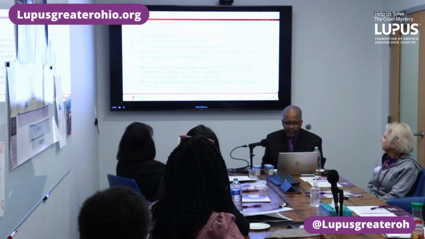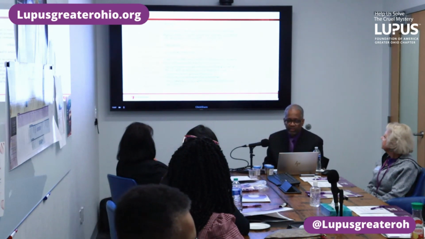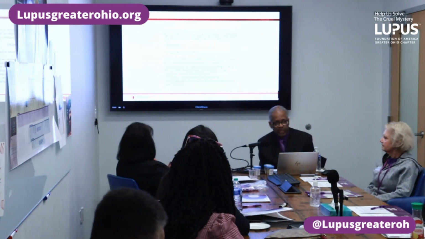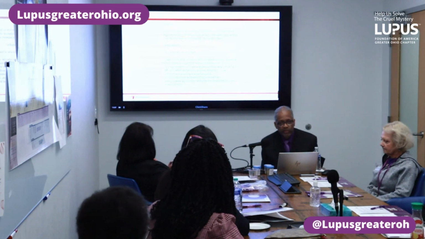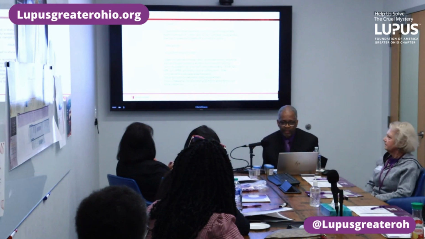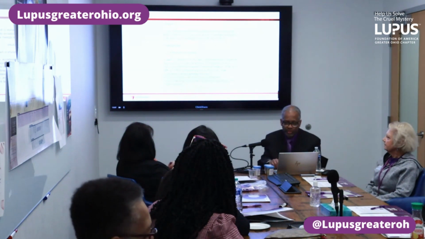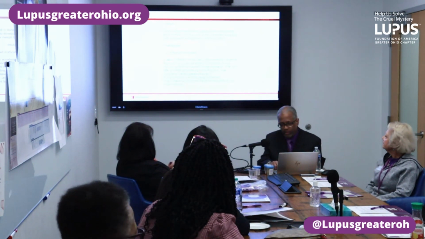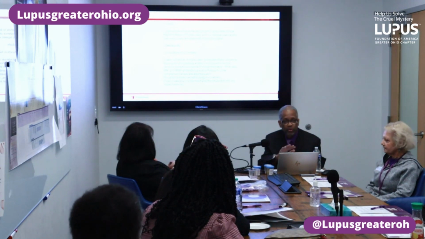This is a slide I want to get more to. This one is lupus in children, because we see some patients that develop lupus before the age of 16 or even before the age of 18 in particular. But they tend to have a little bit more aggressive lupus in the younger group of patients. It also turns out that in men, it tends to be a little bit more aggressive than it is in females on average.